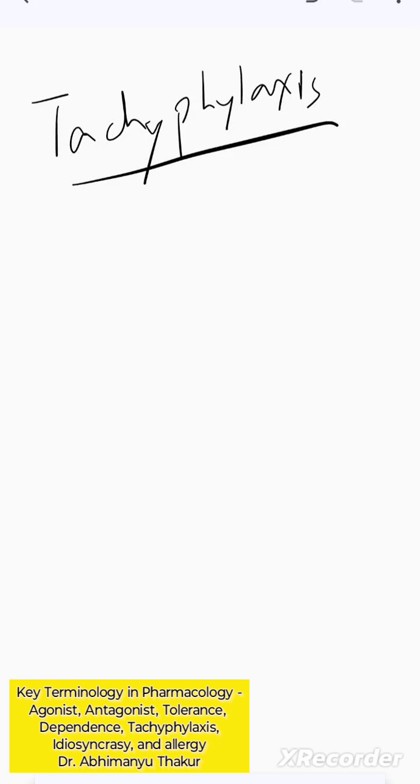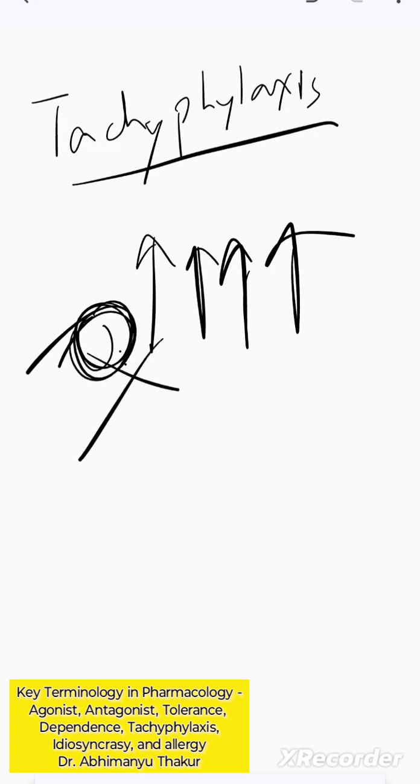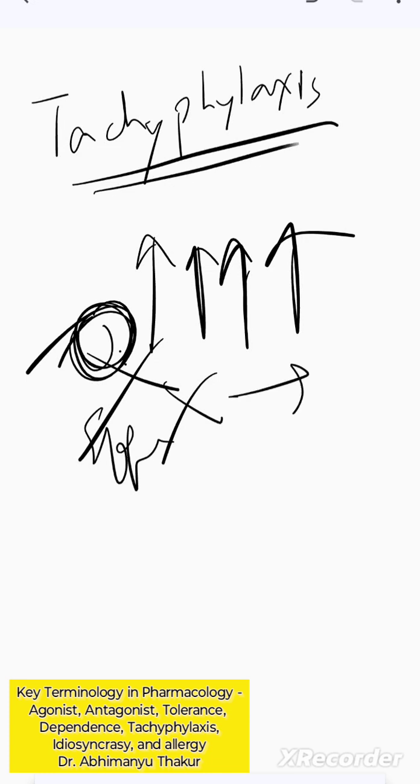Tachyphylaxis is the rapid loss of effect with repeated doses. Suppose a drug is being used repeatedly, multiple times, then the body will not react to this drug, and there is a rapid loss of the effect of this drug. That is called tachyphylaxis. It happens with drugs like ephedrine and nitroglycerin.